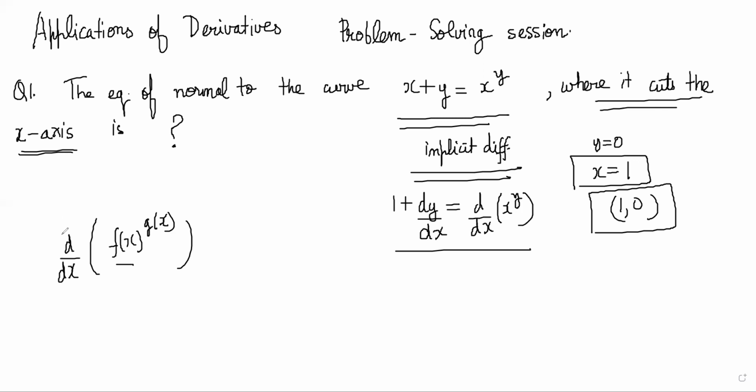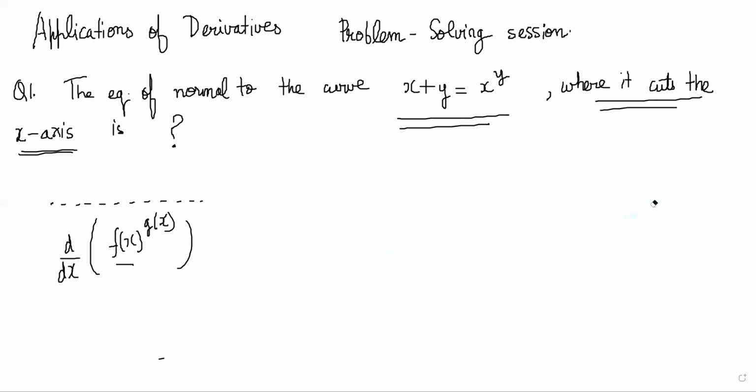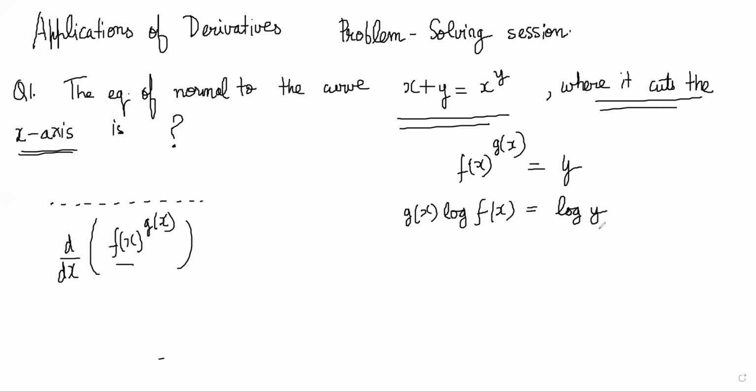Does anybody have any idea what to do here? f(x) power g(x) differentiation. Use log or something. Yes, use log is the correct approach. Take f(x) power g(x) to be equal to y, and let's say log y. So g(x) log f(x) is equal to log y, right?